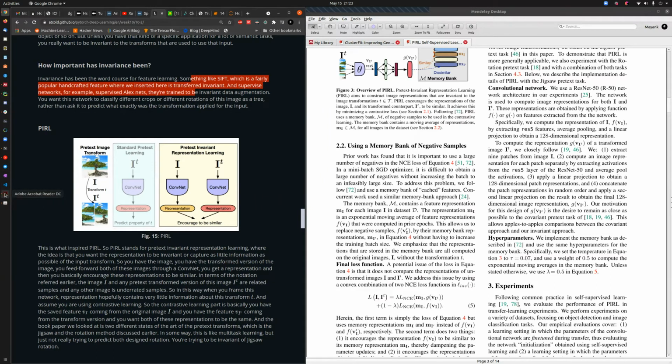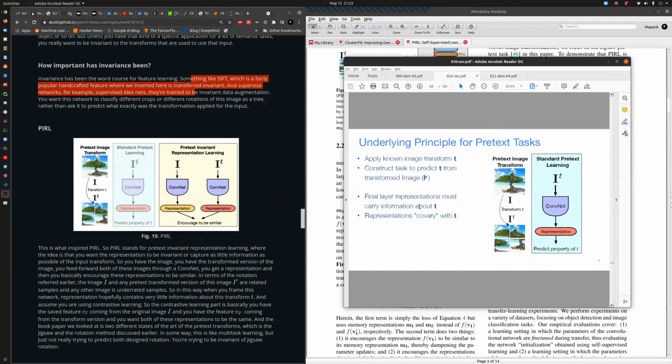Then they talked about SIFT here. SIFT is a kind of handcrafted feature that is inserted.